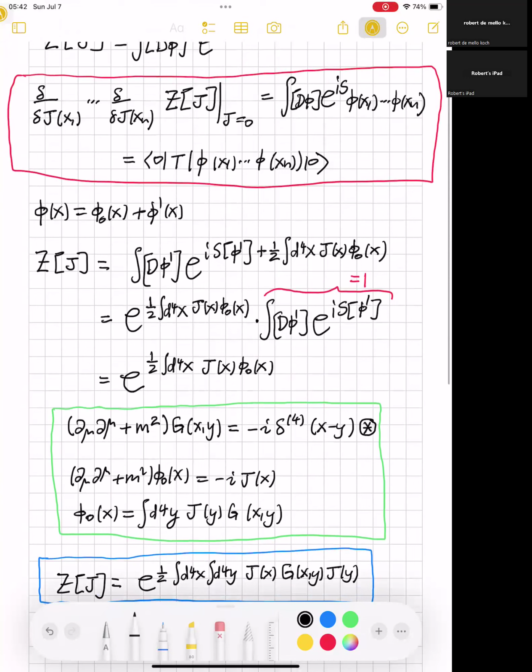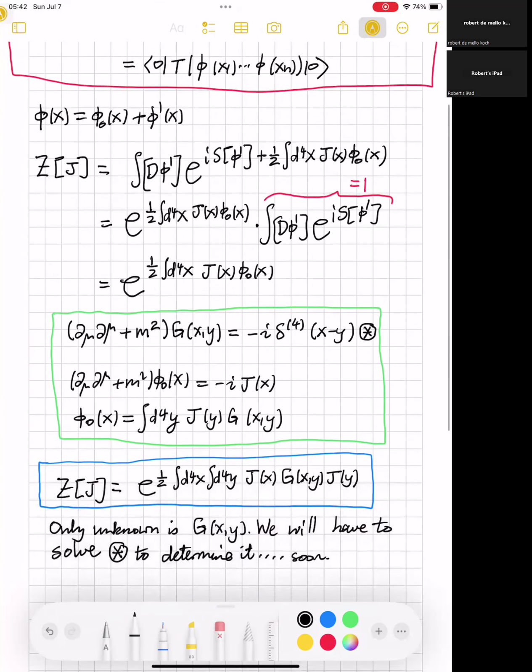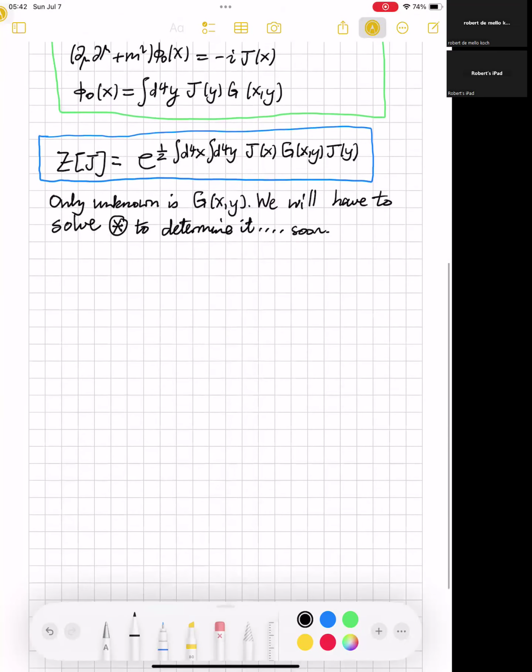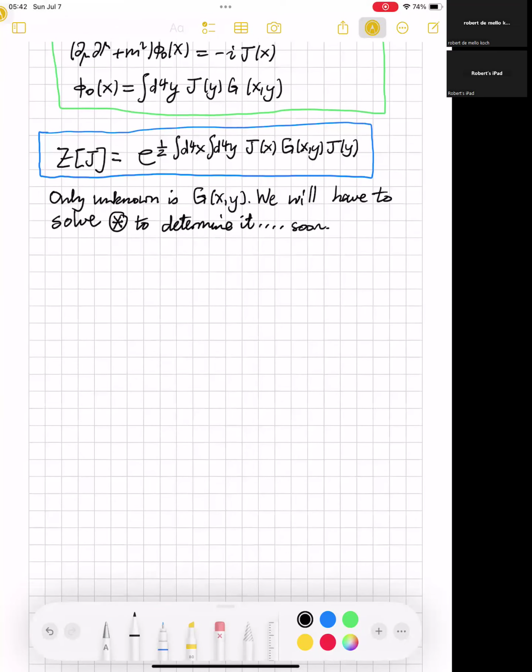We're always taking derivatives with respect to J and then evaluating things at J equal to 0. So we never need to know what J of x is. We just take derivatives with respect to J of x and then set J equal to 0. So really, in the blue box, the only unknown is G of x comma y. So we should calculate that Green's function, and we will calculate it.